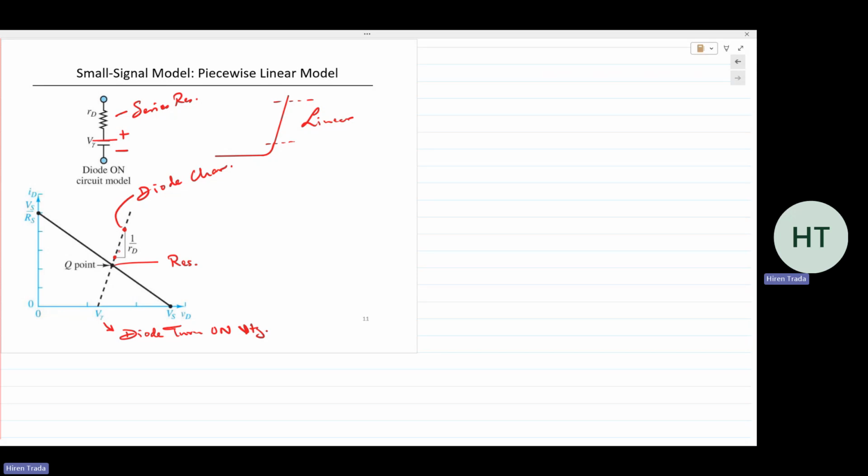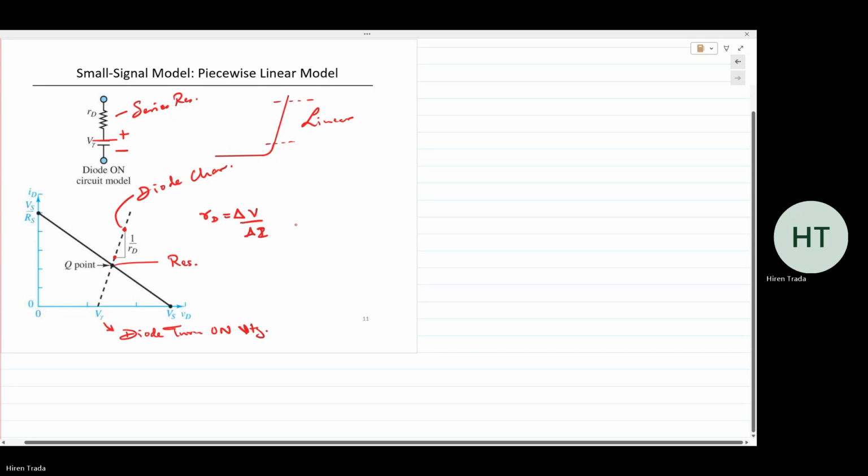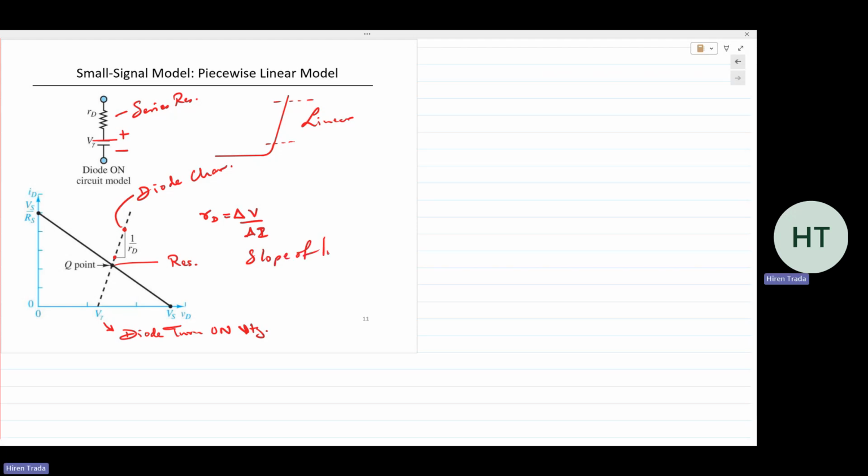Because the line is linear, it simply is the change. RD, the diode resistance, is delta V over delta I. And because it's a linear line, if you're extracting information from the line itself, we can say it's the slope of the line, which is 1 over RD.